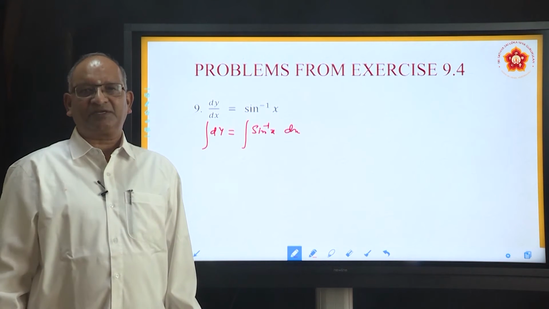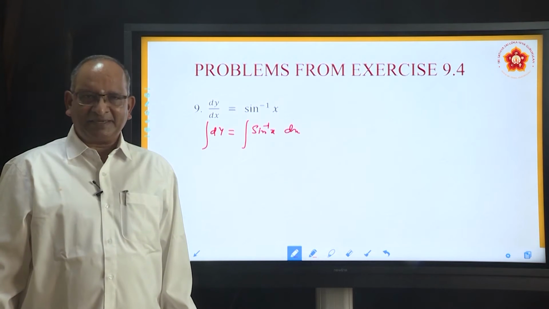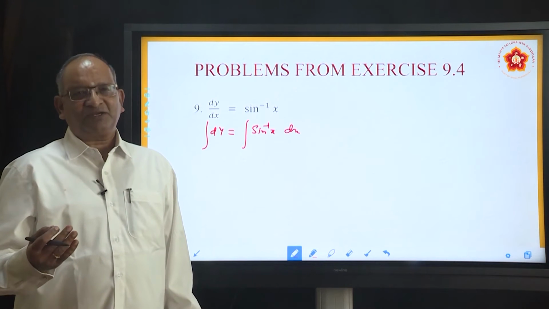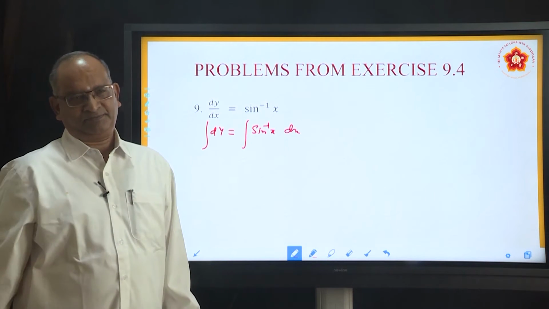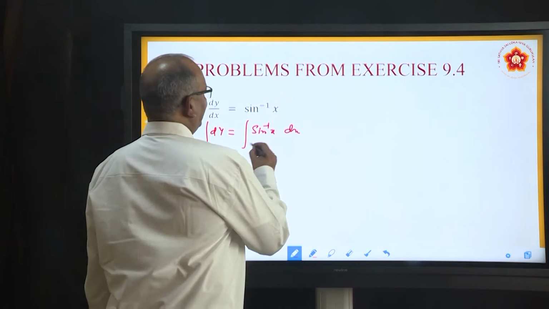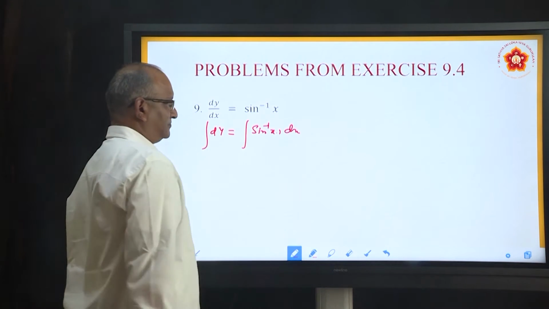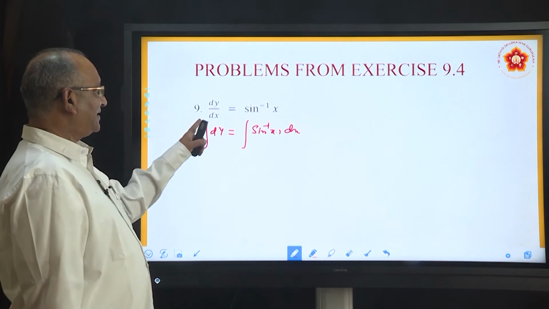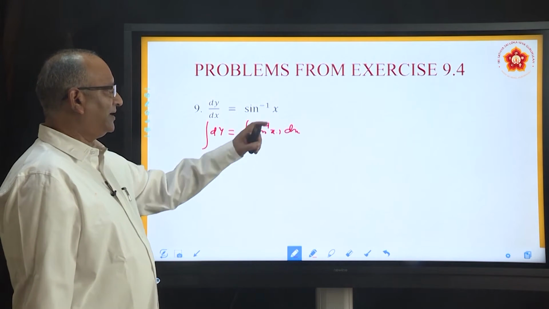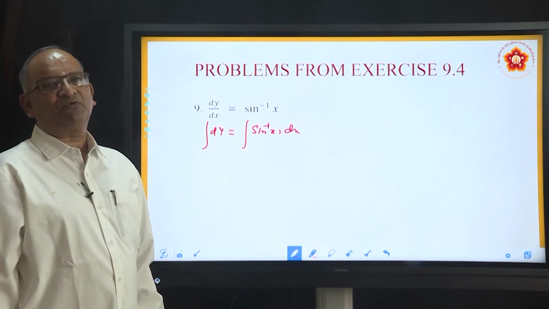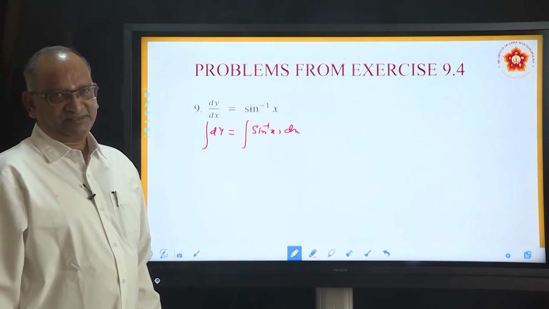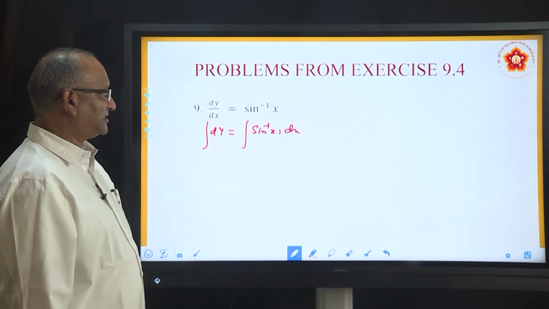Whenever there is an inverse trigonometric function, the method is to multiply that function by 1. That is, we can take it as sin inverse x into 1 dx, because we do not have a direct formula for sin inverse x.